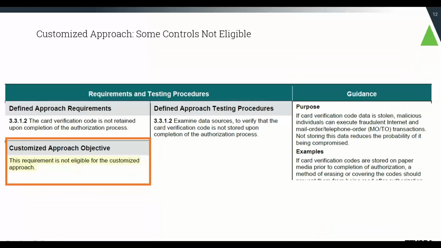But there are some requirements that are not eligible for the customized approach. In this instance, for example, the storage of the security code after authorization, the PCI SSC does not want to see any way around that. But for most requirements throughout the DSS, most of them will be eligible for the customized approach.